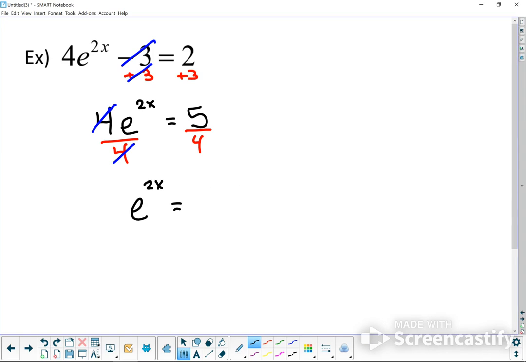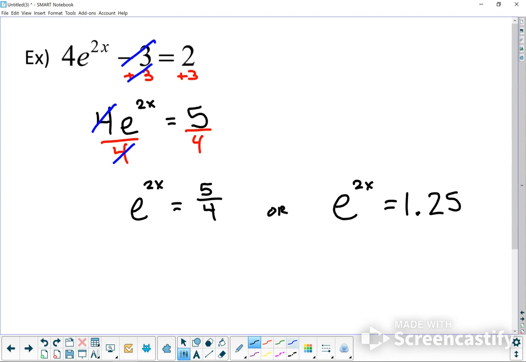You can call it 1.25 if you want to make it easier for yourself. I like fractions, but some of you may like decimals. Either way is fine.